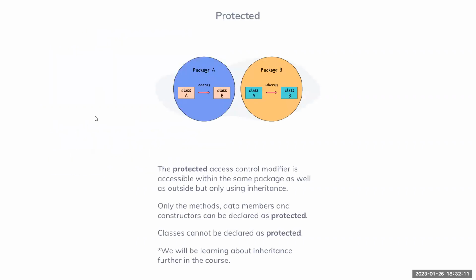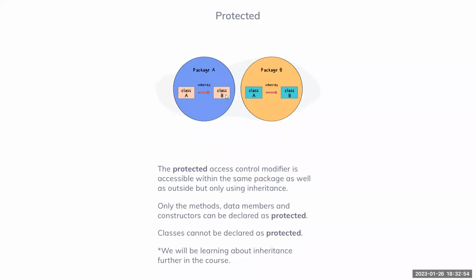Okay, so the next access specifier is protected. The protected access control modifier, you'll be able to understand when you come across the inheritance concept, which will be covered in the next class. Class B inherits from class A. Let's say class A has a variable and you want to give class B access to that variable.